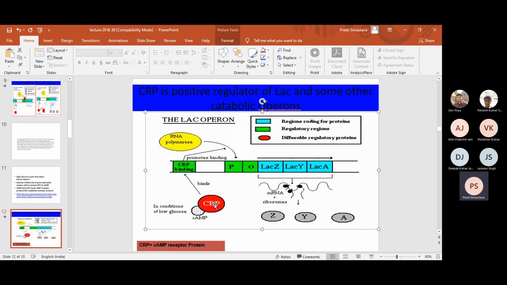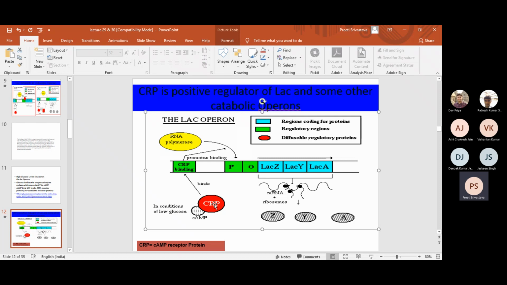So when glucose is high, then cyclic AMP will be low, and when cyclic AMP is low, it will not be available to bind to CRP, and when it cannot bind to CRP, it will not make a functional CRP. Class? Yes, ma'am. On the other hand, when you have low glucose, then you have high cyclic AMP, because adenylate cyclase is not inhibited.